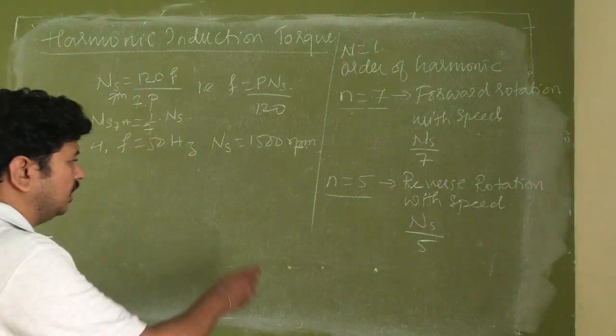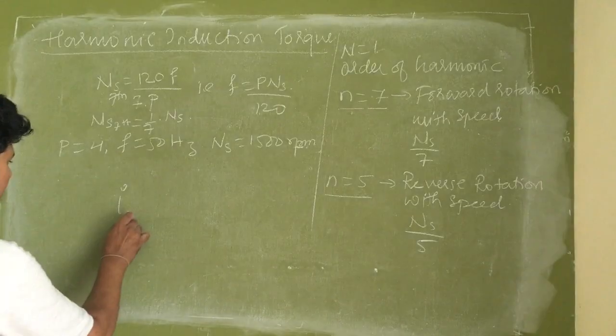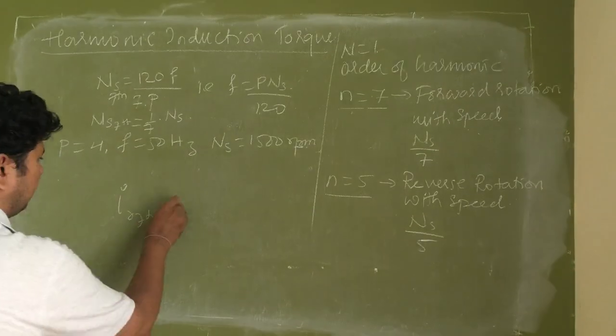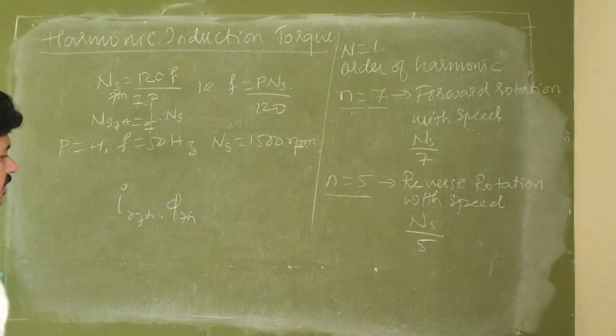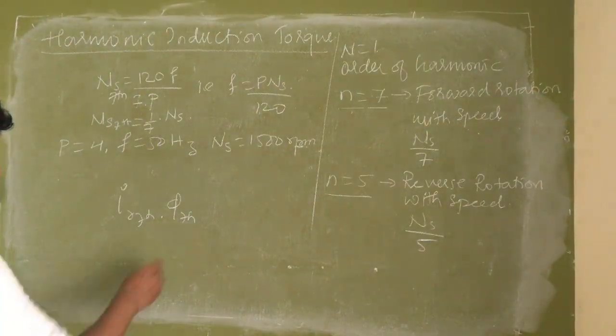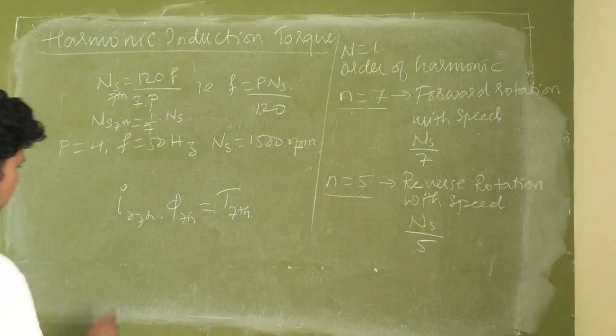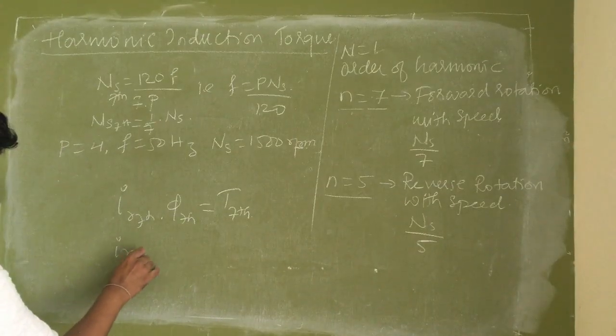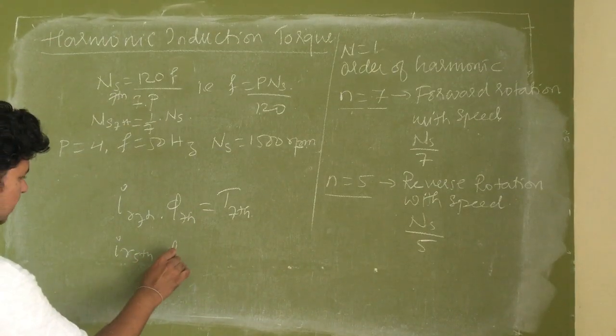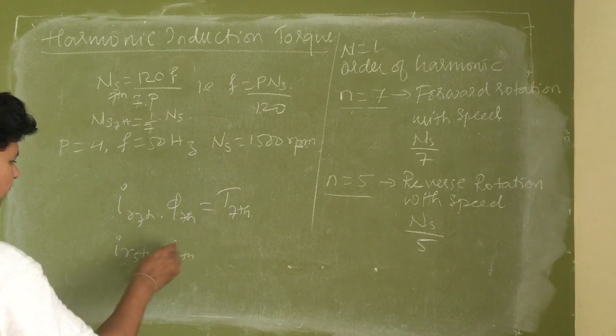Now the 7th order current IR7 will interact with the 7th order flux. It will produce the 7th order torque. The 5th order current will link with the 5th order flux.